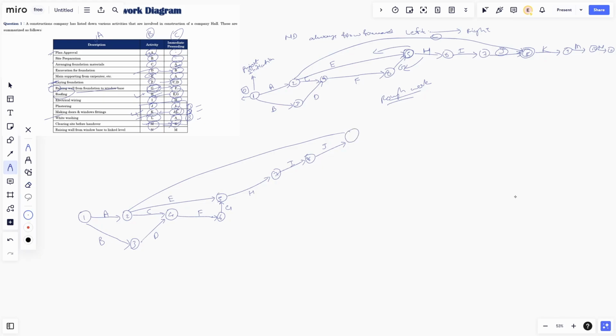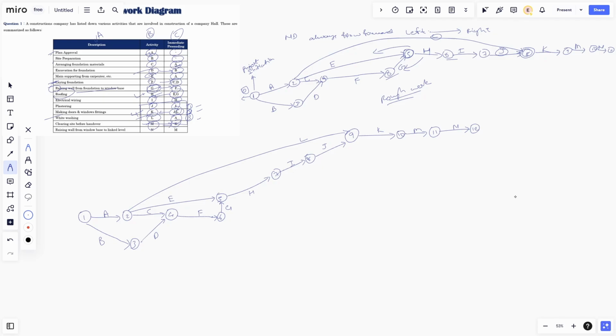Okay, this is 9 and this is L, and from here we'll have 10, that is A. Then from here 11, M, and from here 12, that is N. And the numbers are not correct. We ended up with 11 nodes because I wrote 6 twice in the working area.